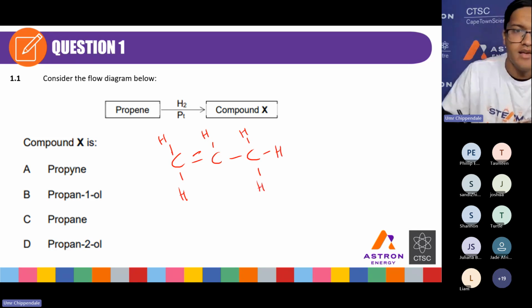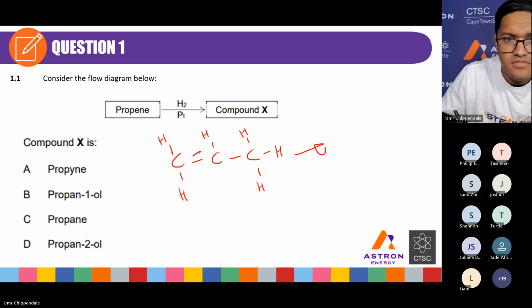So there's our propene, and then we add our H2 to it. So that means we're adding 2 hydrogen atoms. And that is now going to break up the double bond, and then 1 hydrogen will be over here, another hydrogen will be over here. So if we write that out, it will look like this, a H here and a H here.